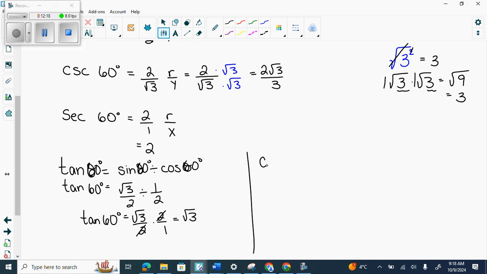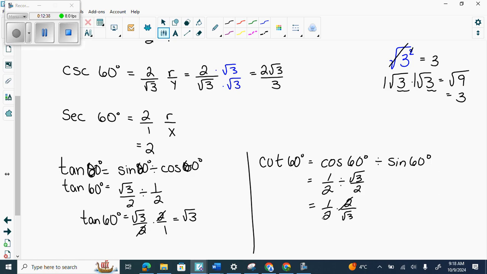Or you could write out cotan of 60 degrees equals cos of 60 degrees divided by sine of 60 degrees, which is a half divided by root 3 over 2, which is a half times 2 over root 3, which equals 1 over root 3. Or you could say cotan is the flip of 1 over root 3. Like this, flipped, the reciprocal, and then rationalize it.